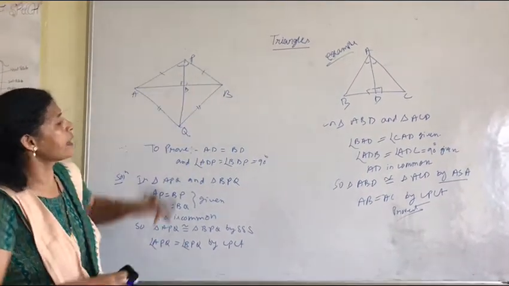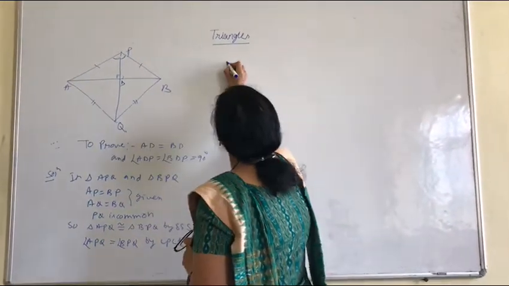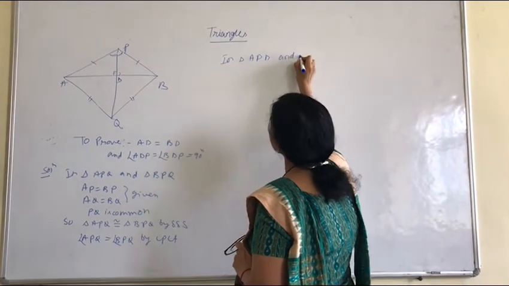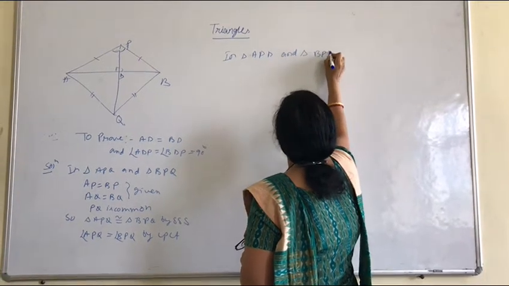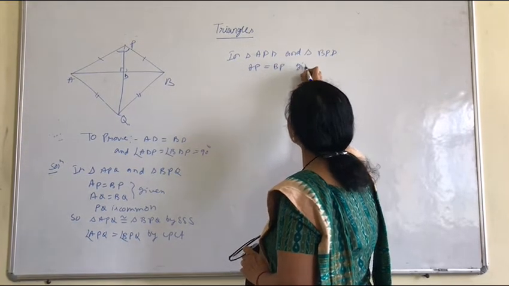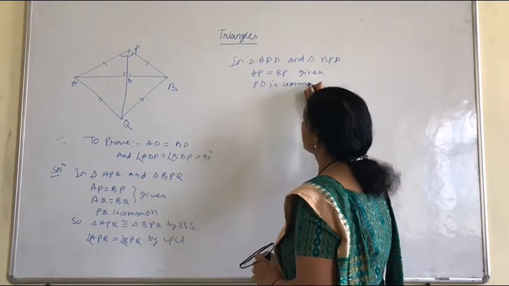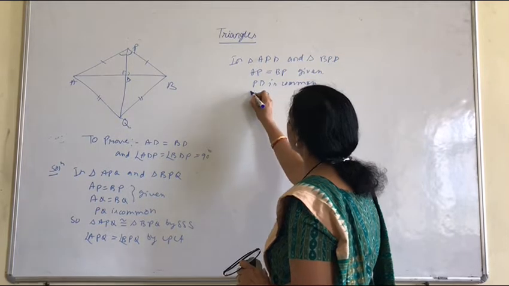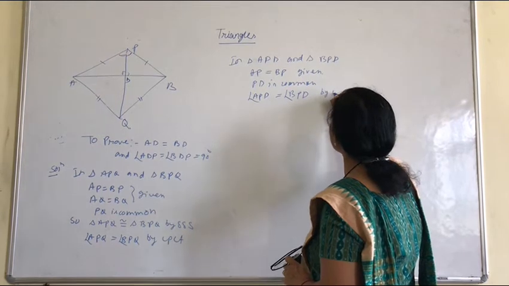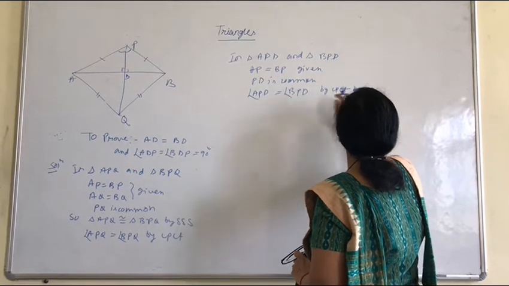Now you prove these two triangles. In triangle APD and triangle BPD, AP is equal to BP, given. PD is common. Angle APD is equal to angle BPD by CPCT, proved earlier.